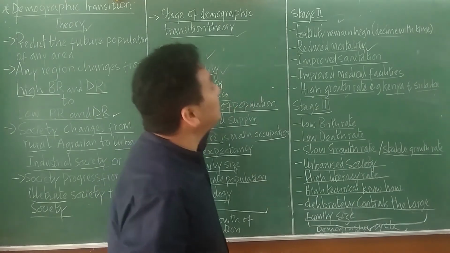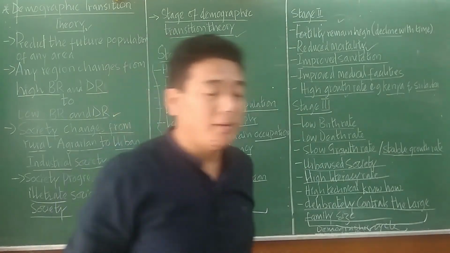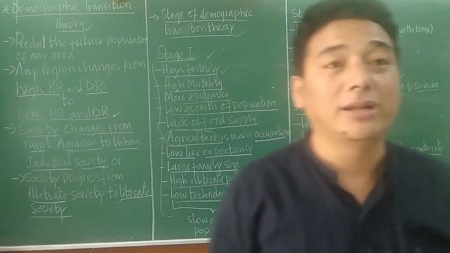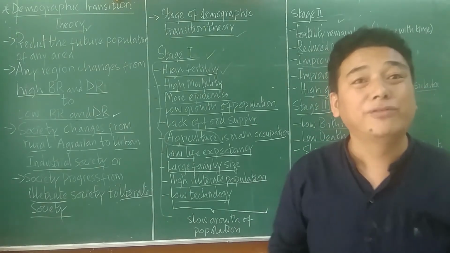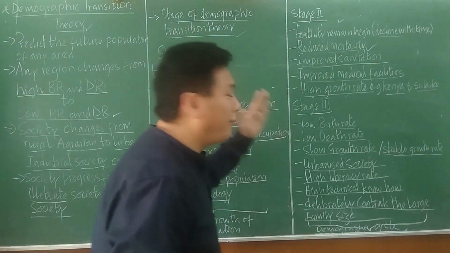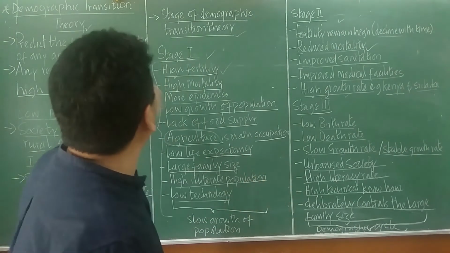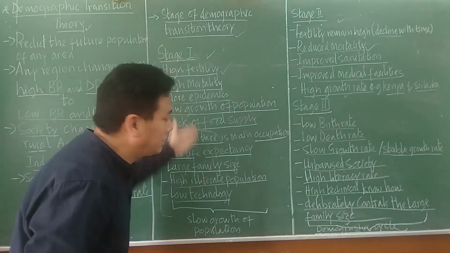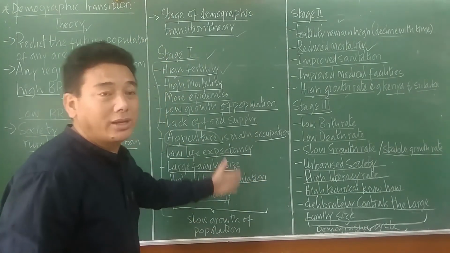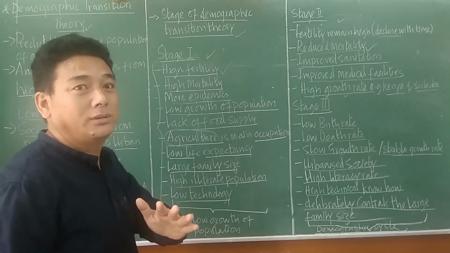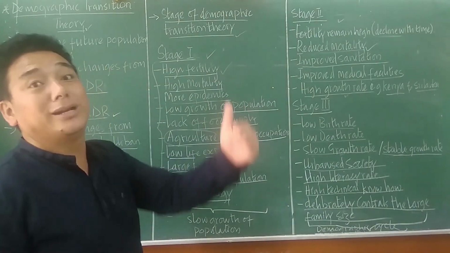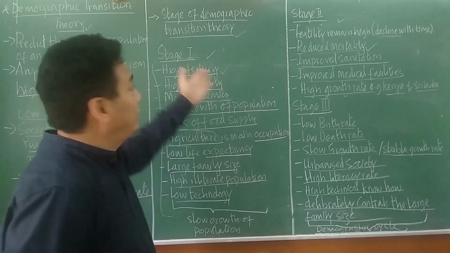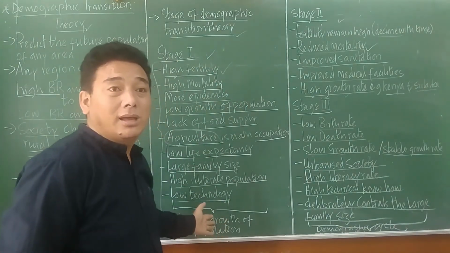Why? Because this is how the population of any region changes, and every country has gone through all these stages. Is that okay? Every country in the world, before 200 years back, has touched all this, right?